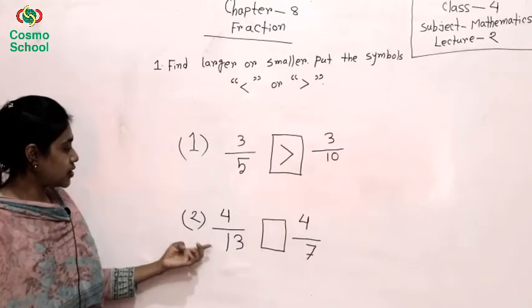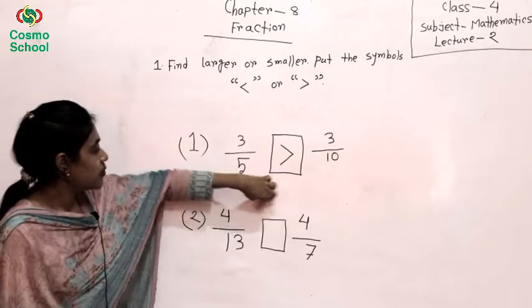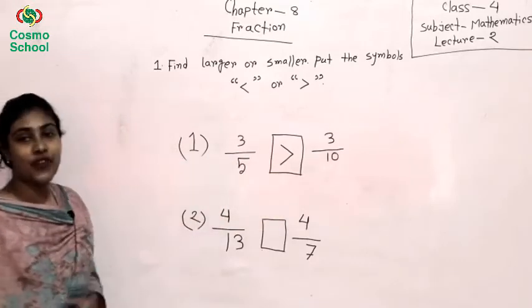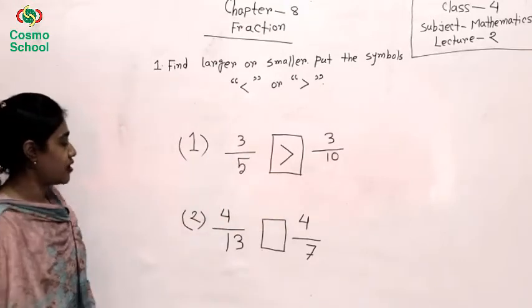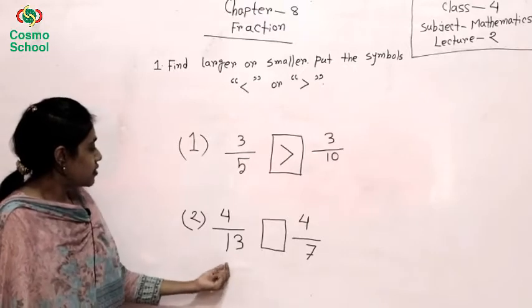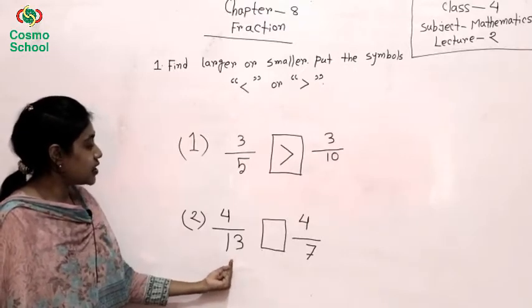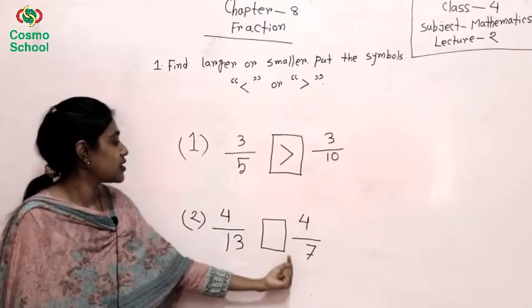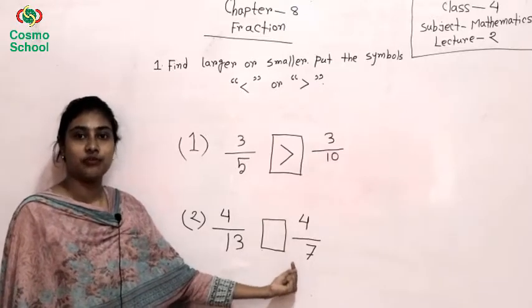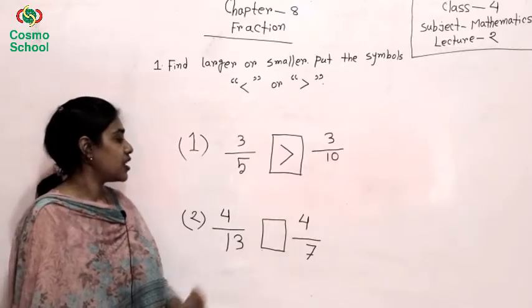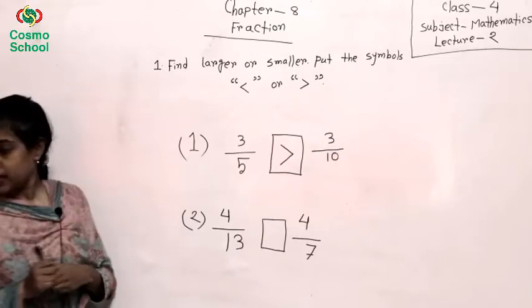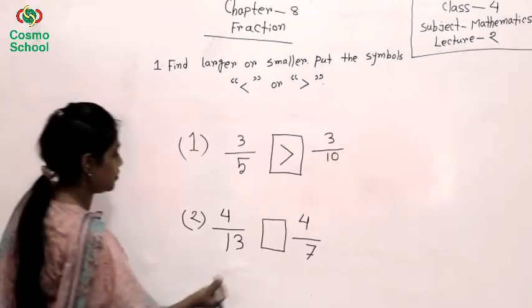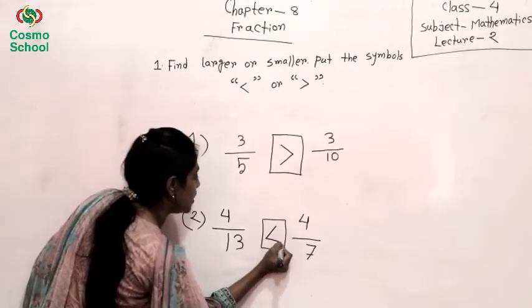Here also the numerators are the same in the two fractions and that is 4. The first fraction's denominator is 13, which is larger than the second fraction's denominator, which is 7. Now I can use the smaller sign here.